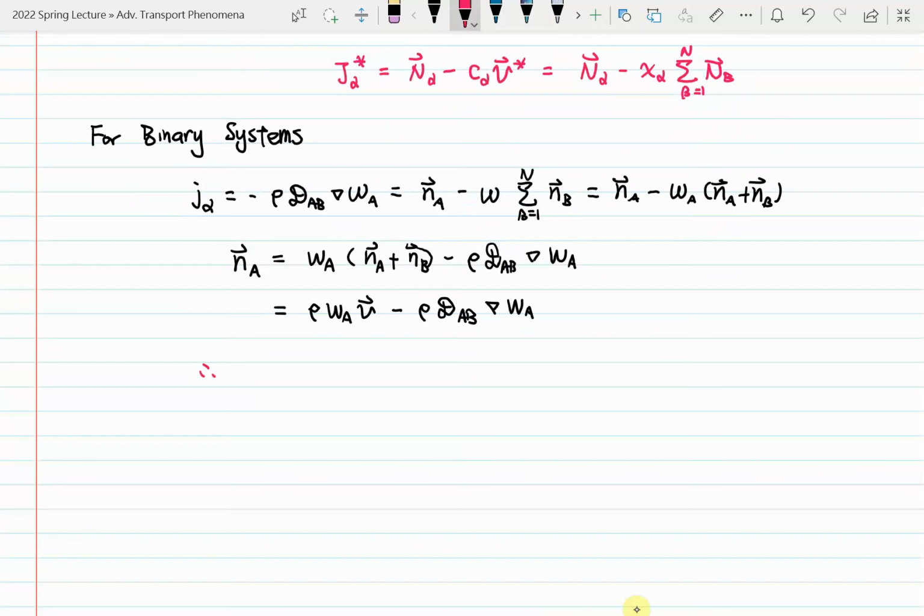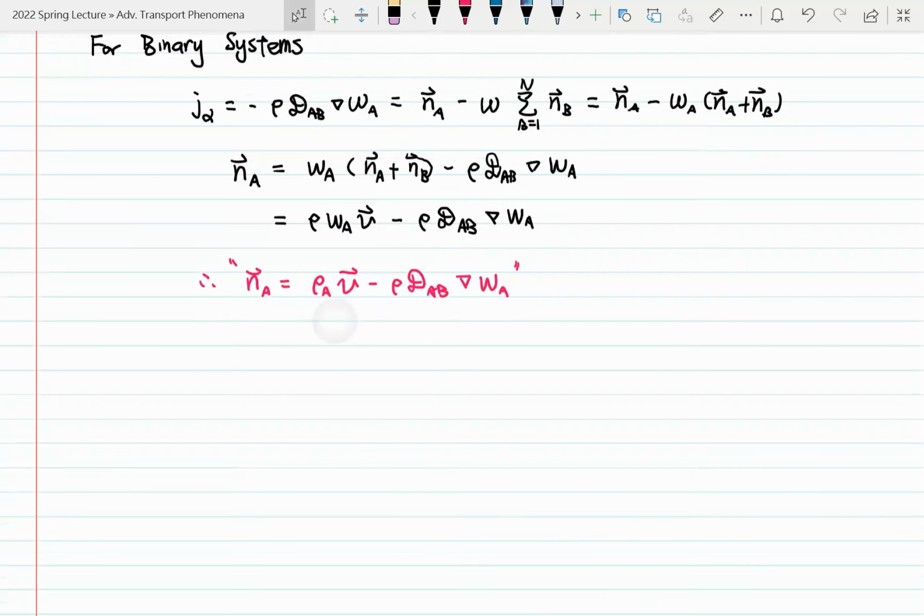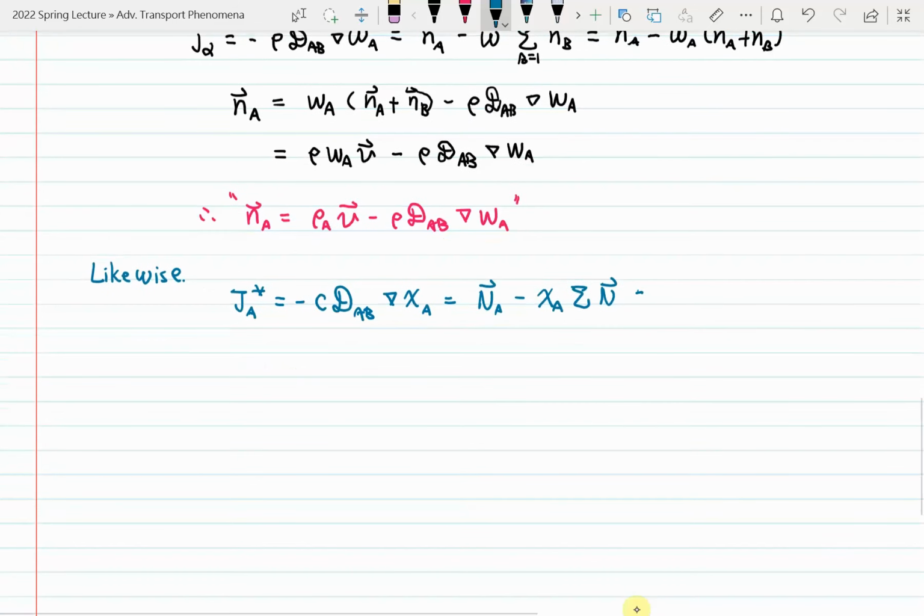So the conclusion here is NA equals rho A times V minus rho times the diffusivity times the gradient of the mass fraction of A. And so likewise for the molar units, we have capital J star equals negative concentration times diffusivity times the gradient of mole fraction of A, which equals the combined molar flux of A minus XA times the summation of all fluxes, which equals NA minus XA times NA plus NB for binary systems.